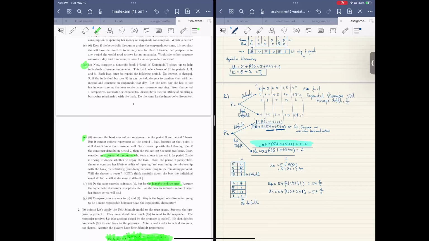If delta equals 1, the exponential discounter would be indifferent to default at any period. So this is what we get for question E.